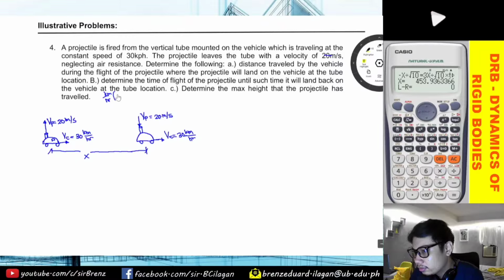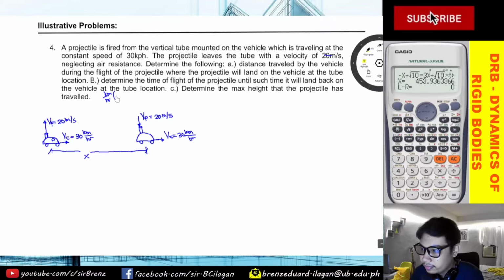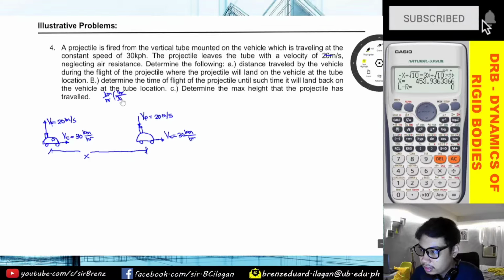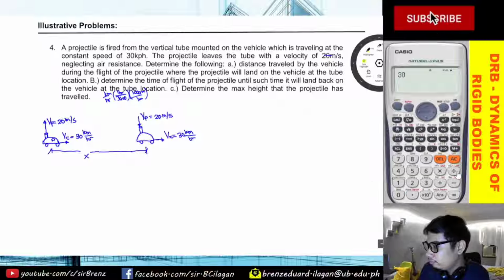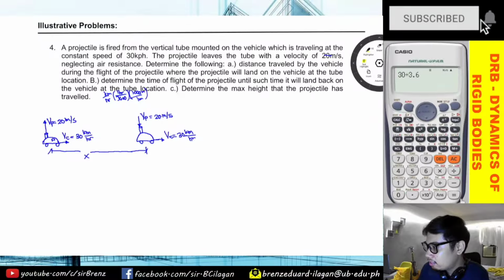So, divide 3.6 nga. So, 1 hour, 3,600 seconds. And then, 1,000 meter per 1 kilometer. So, divide natin ng 3.6 nga pala. So, 30 divided by 3.6. So, that is equals to 8.3333. So, palitan na natin guys ha.